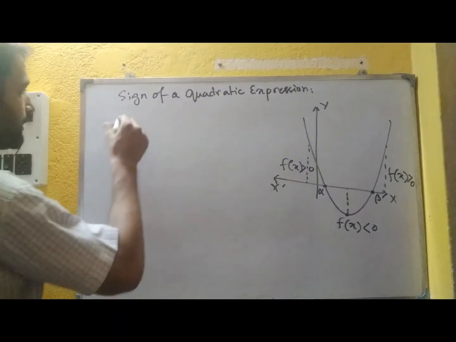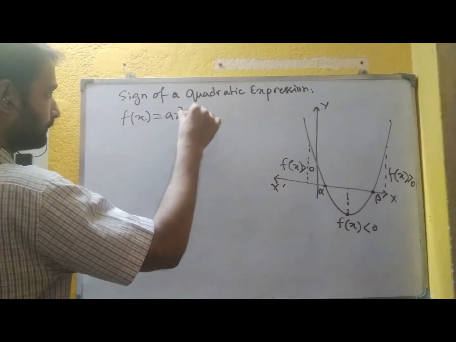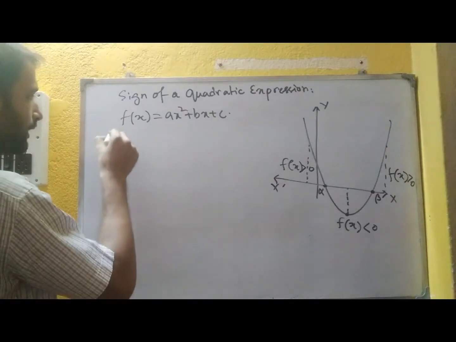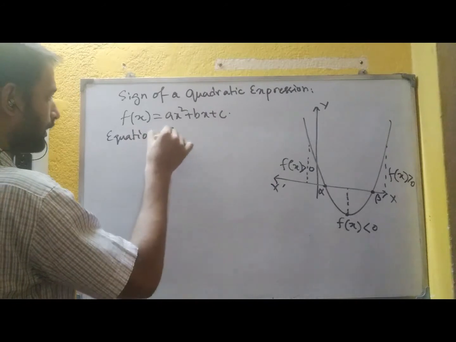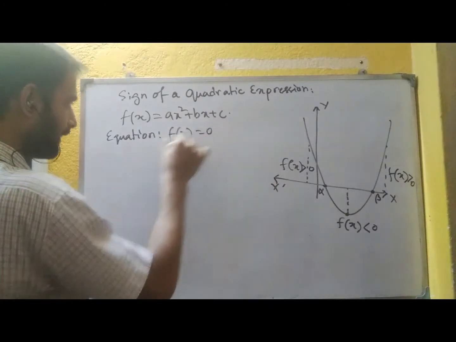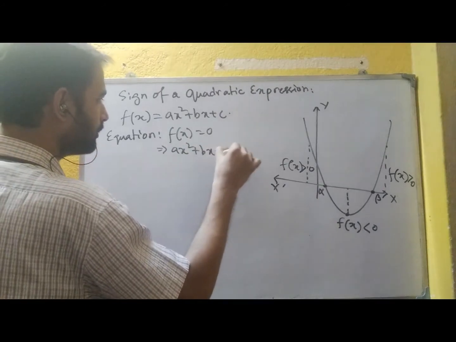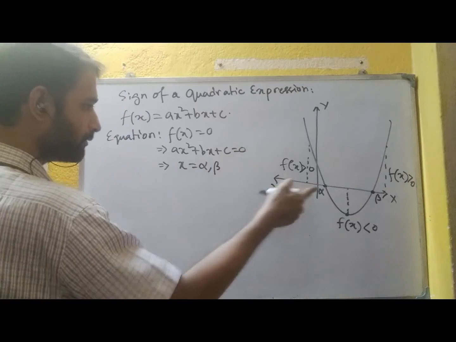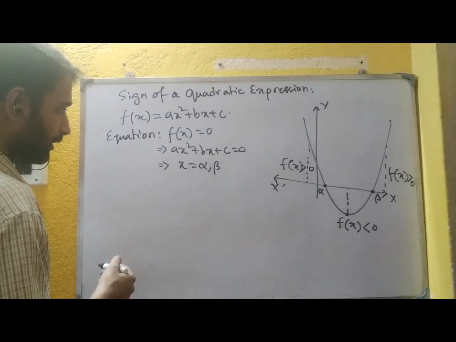Okay. So for that we are again considering the expression f(x) as ax square plus bx plus c. Now suppose when we are considering the equation f(x) equals 0, that is the usual equation ax square plus bx plus c equal to 0. Suppose we are finding the roots to be alpha and beta, as we have denoted.